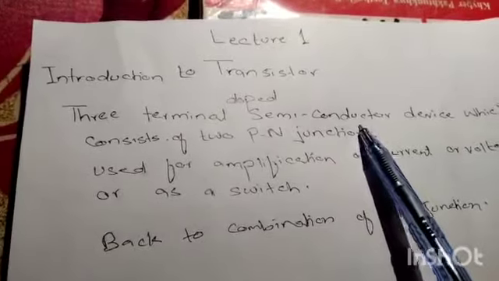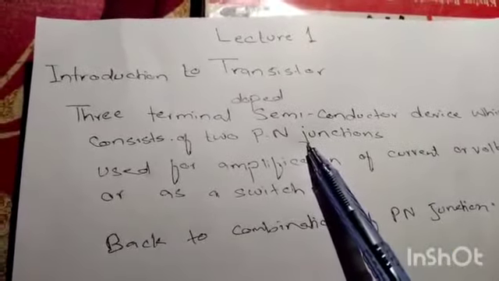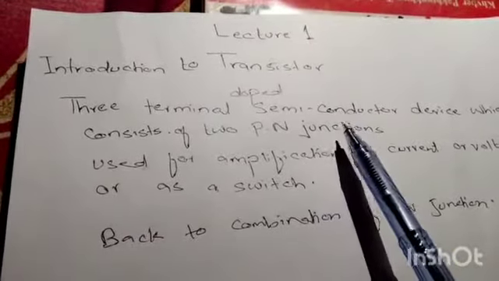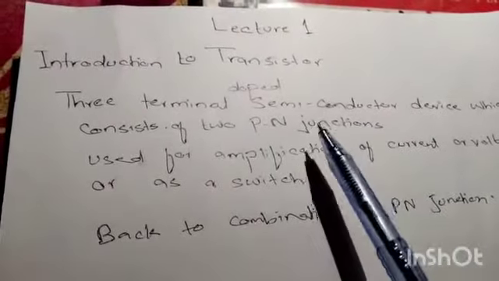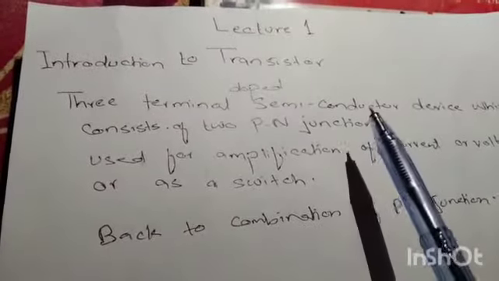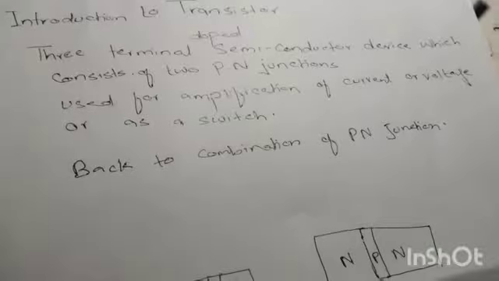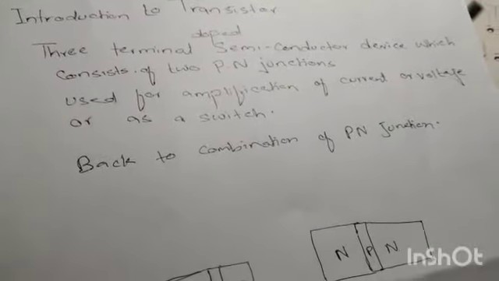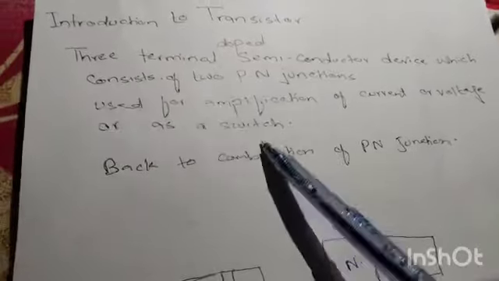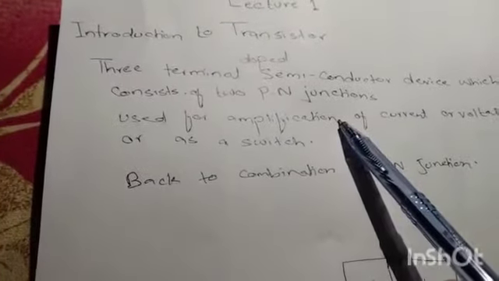So when you form a transistor, you add certain impurities either from group 5 or group 3 in a pure semiconducting material, and impurities are added in such a way that there is formation of two PN junctions.